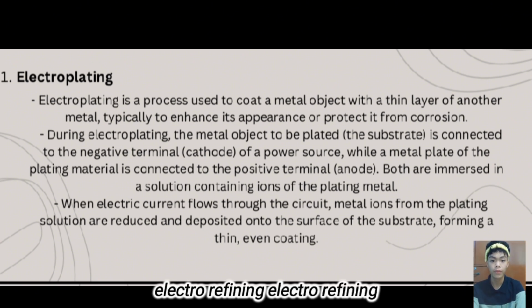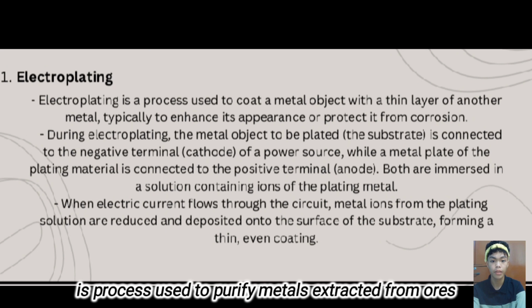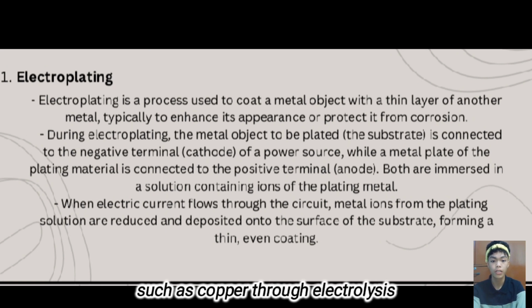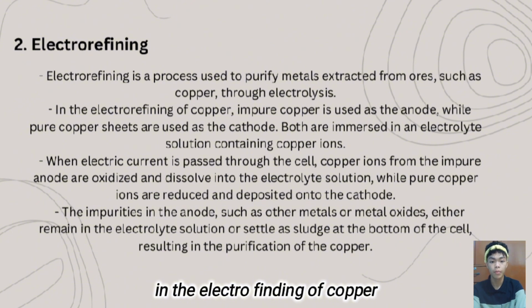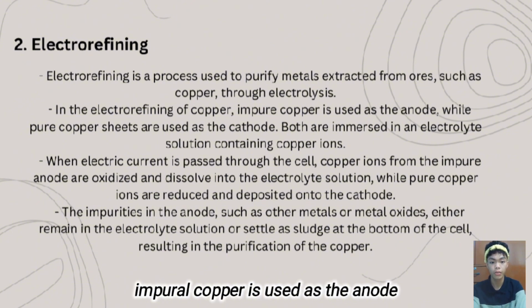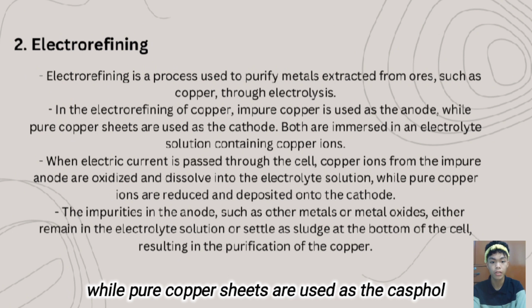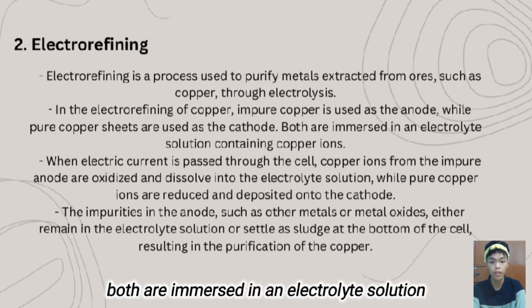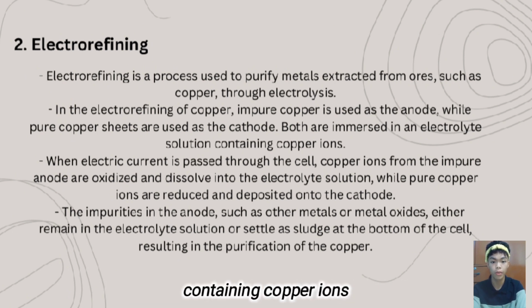Electrorefining. Electrorefining is a process used to purify metals extracted from ores, such as copper, through electrolysis. In the electrorefining of copper, impure copper is used as the anode, while pure copper sheets are used as the cathode. Both are immersed in an electrolyte solution containing copper ions.